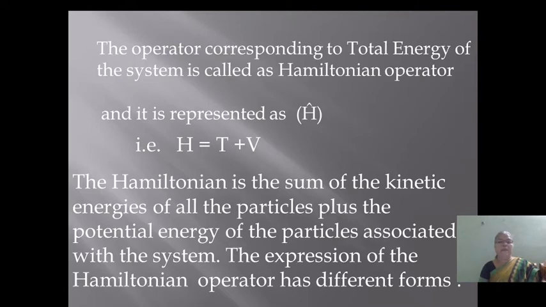The Hamiltonian is the sum of the kinetic energies of all the particles plus the potential energy of the particles associated with the system, and this operator has different forms. We will see one form of the Hamiltonian operator.